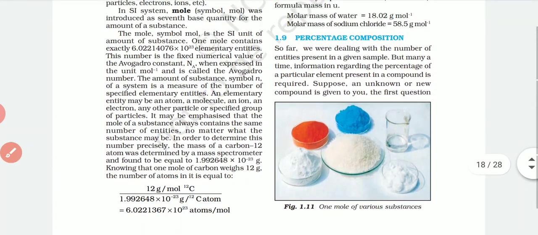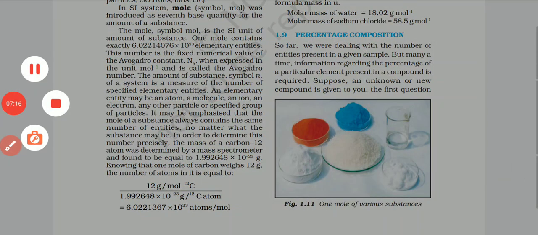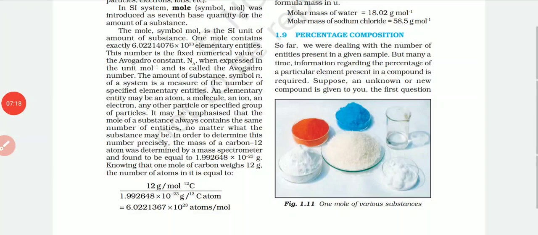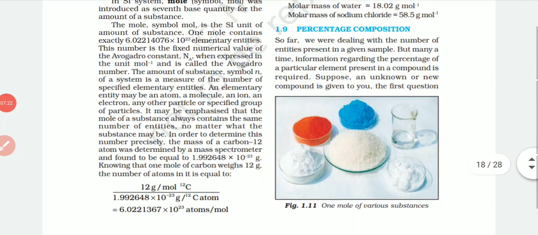now our next topic is percentage composition. So what is percentage composition? If anyone asks what is the composition of hydrogen in water, then how many hydrogen atoms are present?